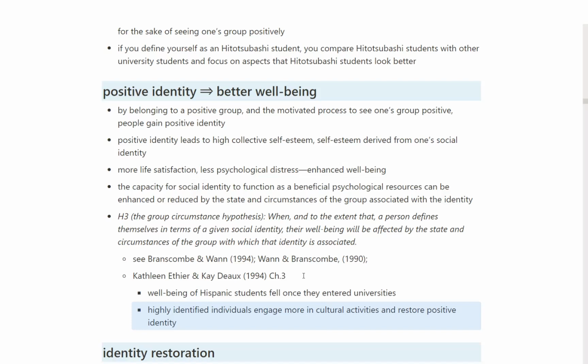Although their identity may be devalued by Caucasian, European, white Americans in universities, through engaging more in cultural activities they would find how good their cultural heritage is, or how good their Hispanic culture is, and then they restore positive identity. As a consequence of restoring positive identity, they would gain better well-being again.